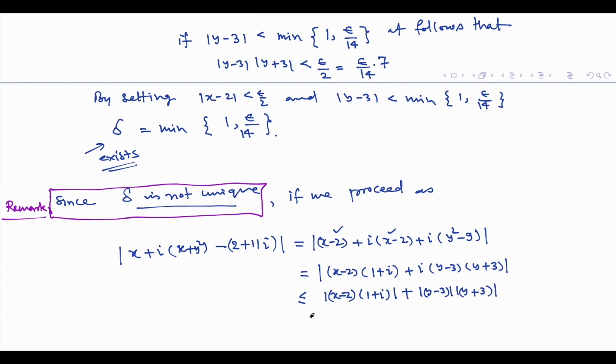And this will be equal to root 2 |x minus 2| plus |y minus 3| |y plus 3|, since the modulus of 1 plus i is equal to root over real square plus imaginary component square. So this is going to be root 2. Okay.